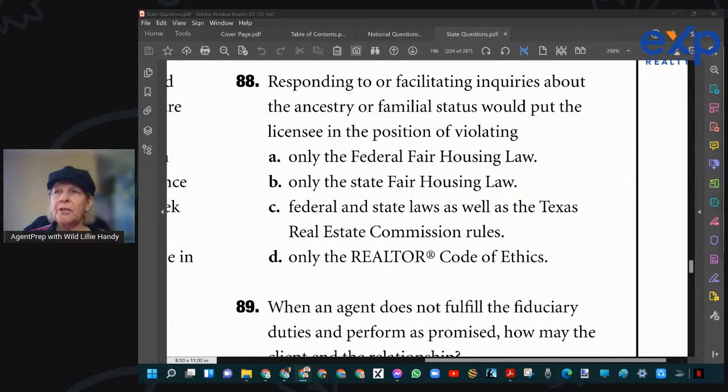The answer is C. It's a federal law, but it's also protected in state laws and in your real estate commission. So if it was Colorado, it'd be the Colorado Real Estate Commission. So the answer is C. It covers all of them.